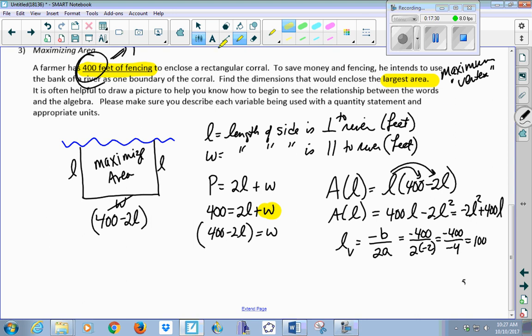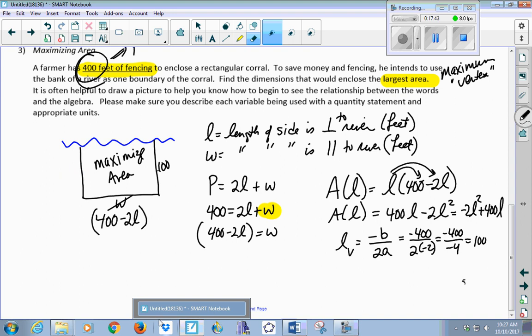So that tells us that our length is 100. So here we go. I'm going to replace my length with 100 on both sides. And what do I know? I know that 100 plus 100 is 200. So 400 minus 200 gives me the width, which is 200.